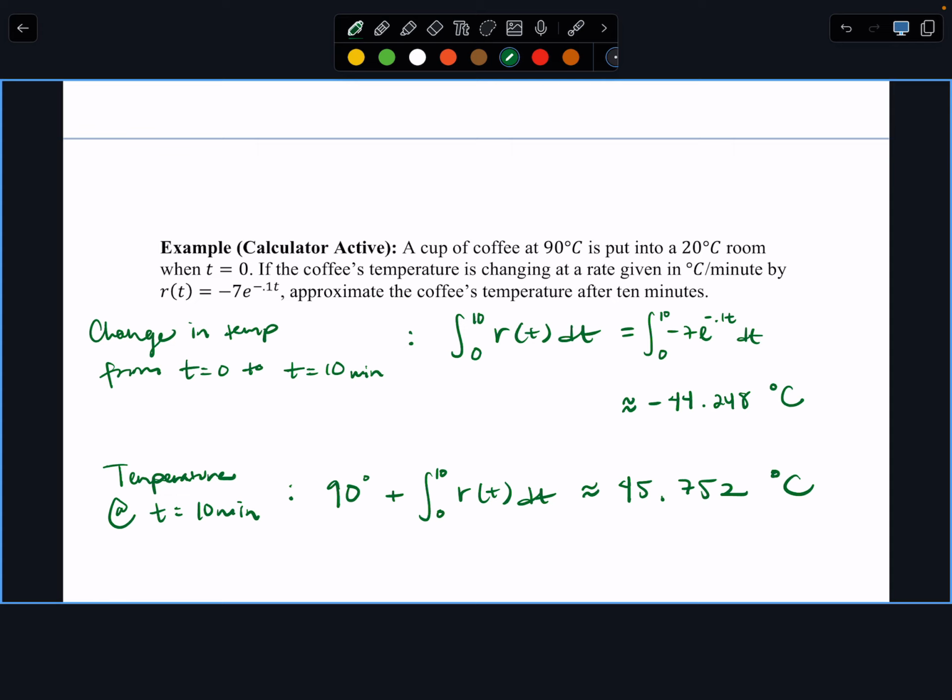So that would actually be the temperature after 10 minutes. The integral from 0 to 10 represents the change in temperature. Right, if we were to apply the first fundamental theorem of calculus, we would have capital R of 10 minus capital R of 0.